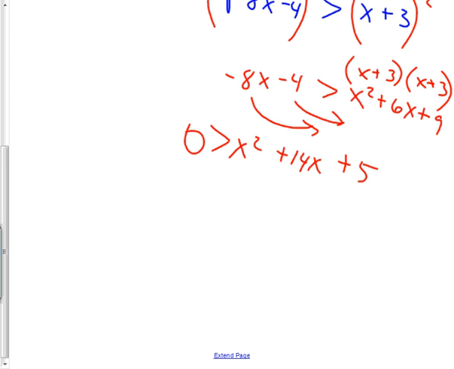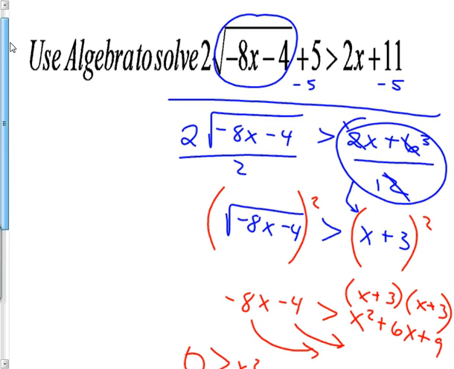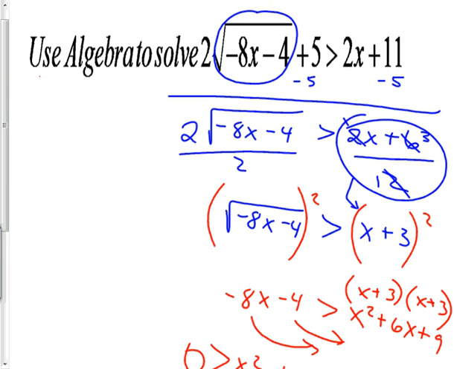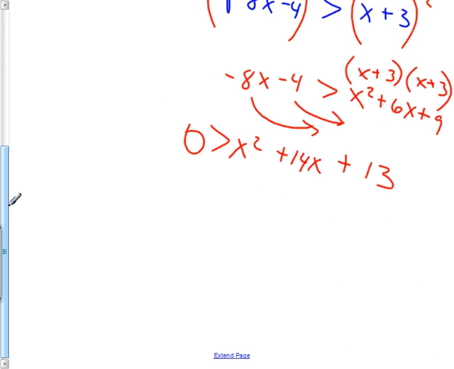Did I screw up the 5? It's not 5. What is this supposed to be? 13, thank you. Now at this point, since it said use algebra to solve, I can't graph it.